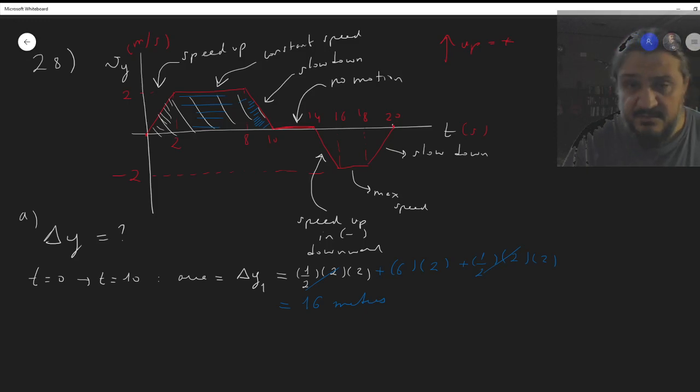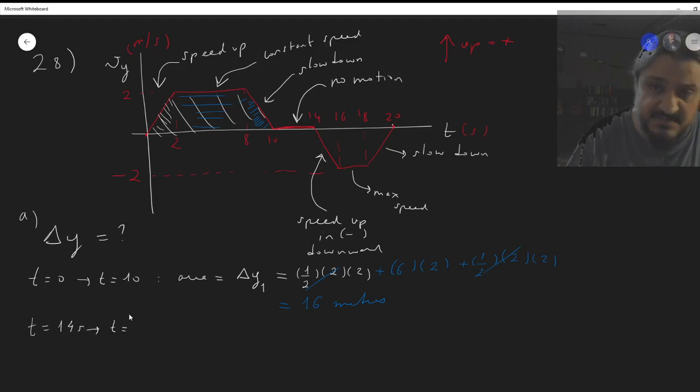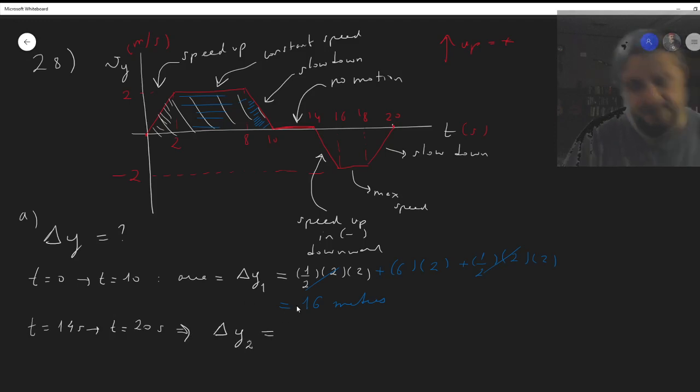Now, between 10 and 14, there's no motion. What about between 14 and 20? So from 14 seconds to t equals 20 seconds. Let's call it the second part, delta y2. Now remember, it's going downward, okay? So I'm going to find the area, but it'll be a negative number. Let's put a negative here. It's moving downward.